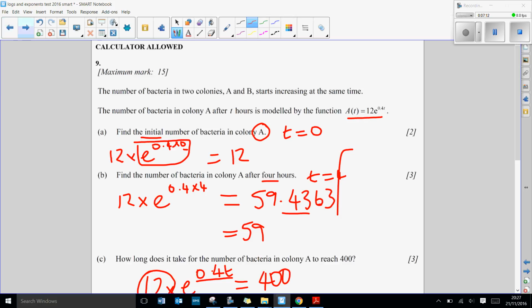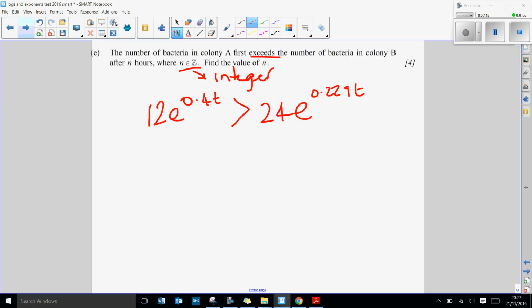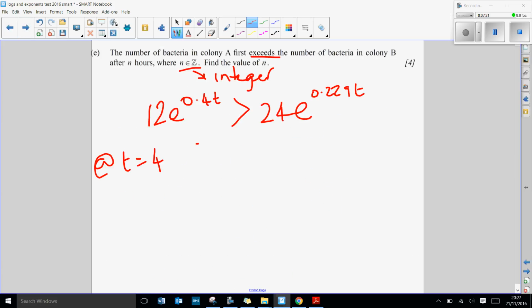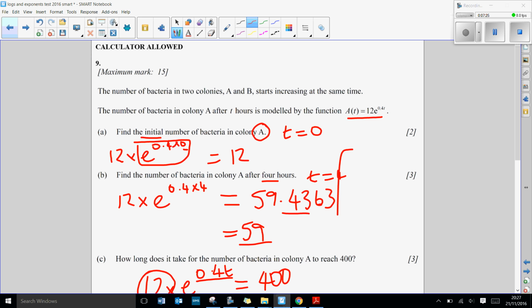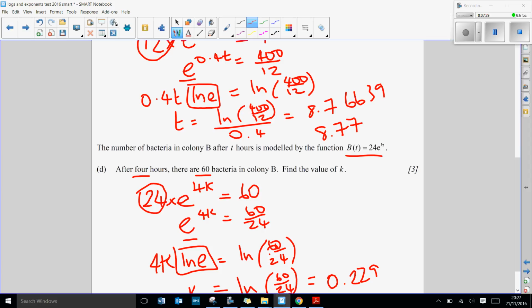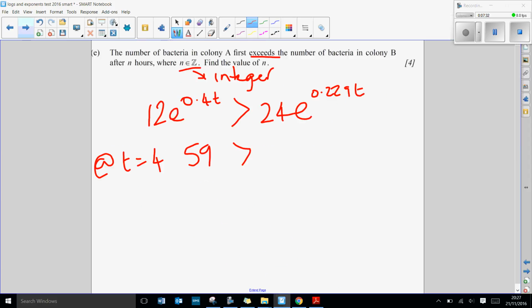So we know that colony A at t is 4 was 59, and for colony B we were given the value of 60 after 4 hours. Well, clearly 59 is not greater than 60, so it's not going to be when t is 4. So let's try when t is 5.